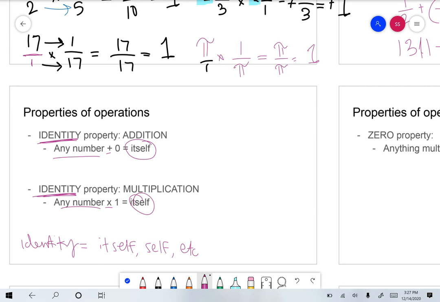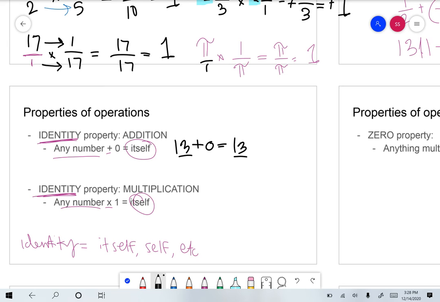What I mean by that is we could take any number, so let's say 13. Any number plus 0, so 13 plus 0, is going to equal itself, where we started, its identity.